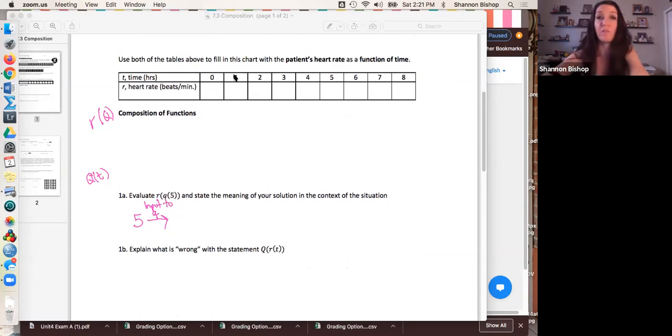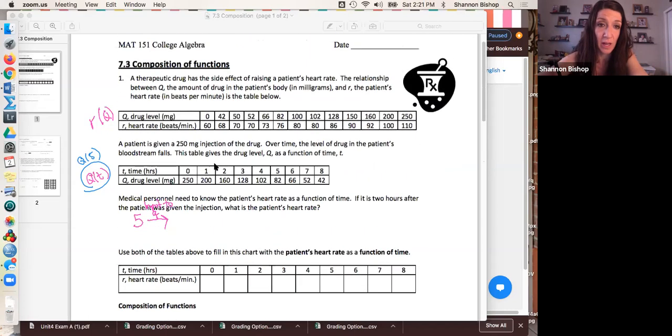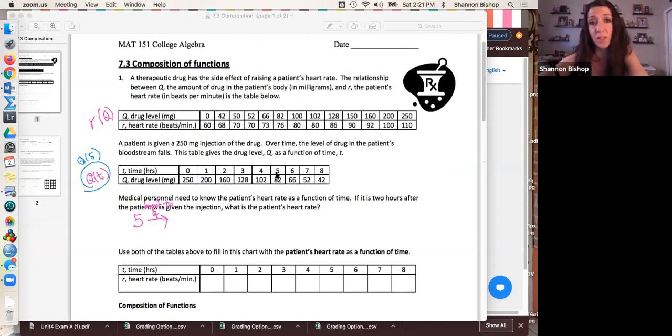This is the only table that tells me I can do Q of 5, and that's what I need. So I know that I have to go to that table first, because notationally speaking, that's where Q of 5 comes from.